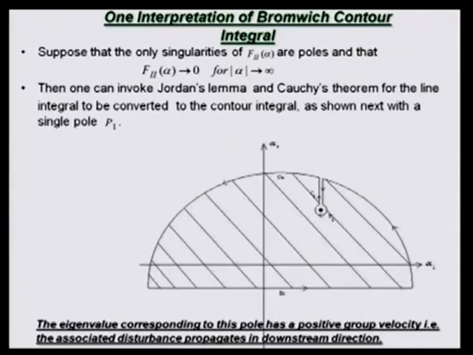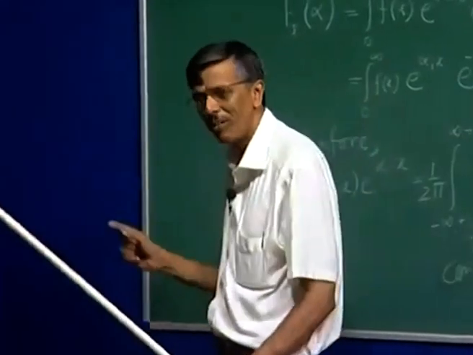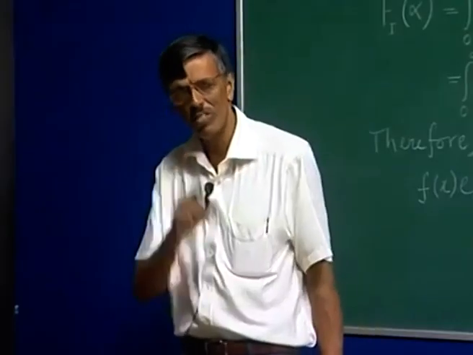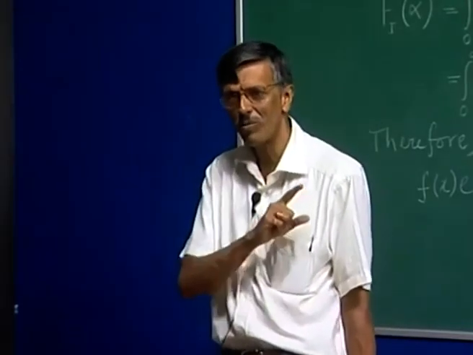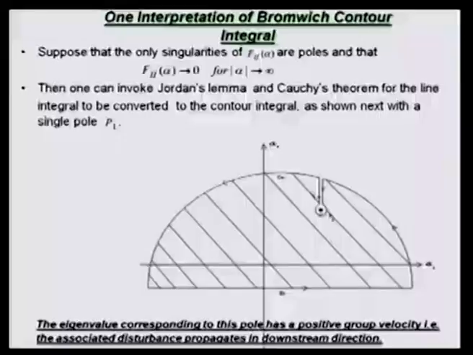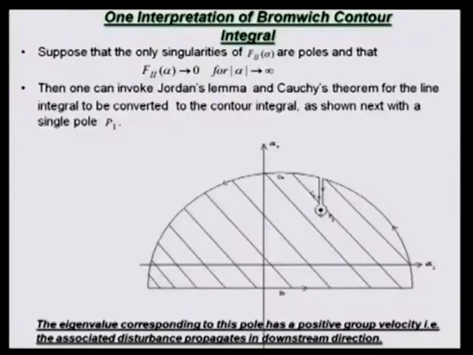So, we are giving you the recipe step by step, that you identify all the eigenvalues, calculate their group velocities, and then you see which is going in which direction. So, each of the eigenvalues have to be associated with upstream propagation or downstream propagation. So, in this case P1 corresponds to, let us say, the downstream propagation.